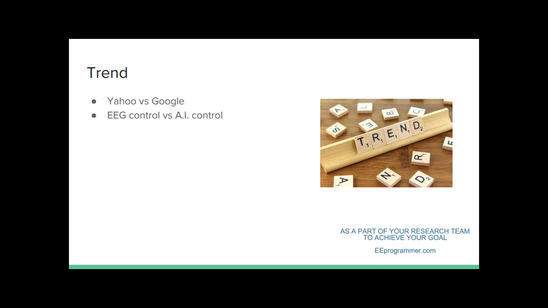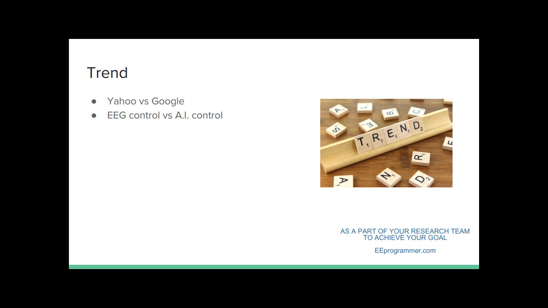Now the second example is EEG control versus AI control. What is EEG? EEG is putting electrodes on top of a human's head to receive some noisy brainwave signal, and by using some algorithm to extract the data from the brainwave signal to control something.